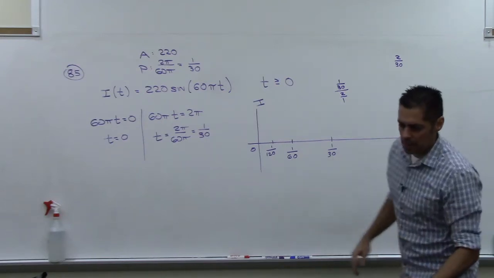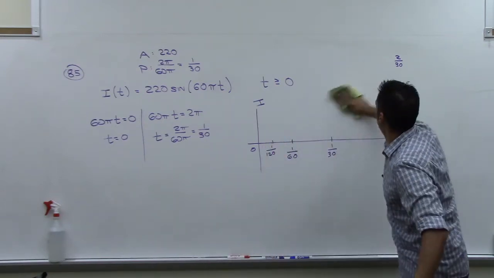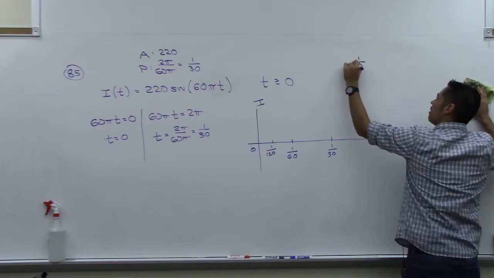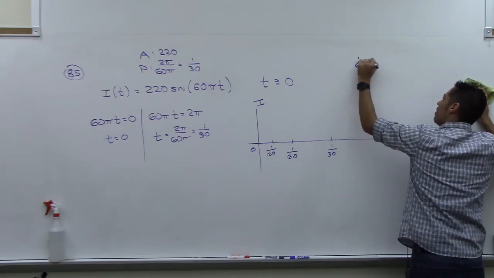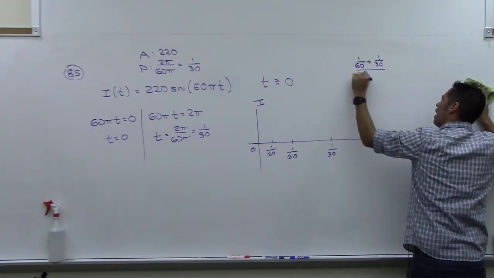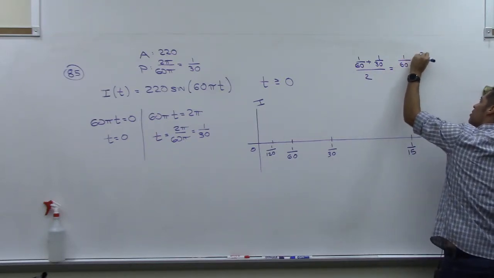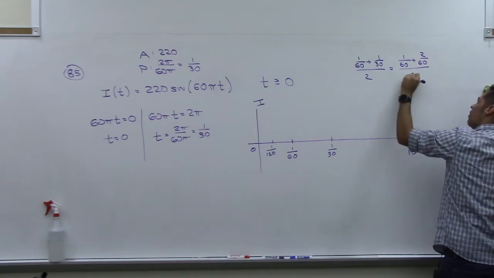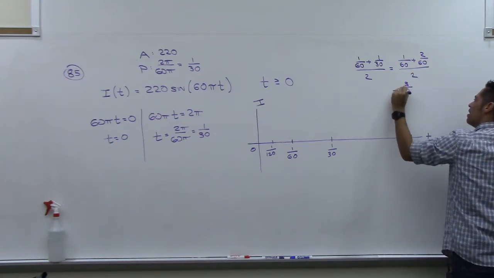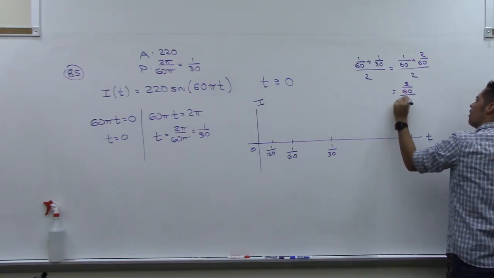So if I take 1/60th and 1/30th, add them together, and then divide by 2, I need a common denominator. So 1/60th plus 2/60ths over 2. This is 3/60ths over 2 over 1.